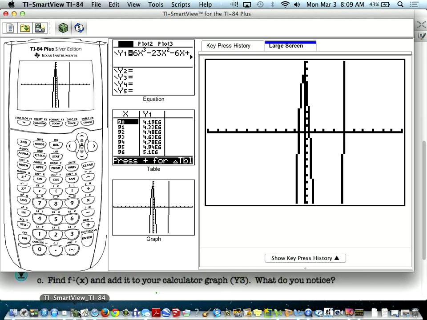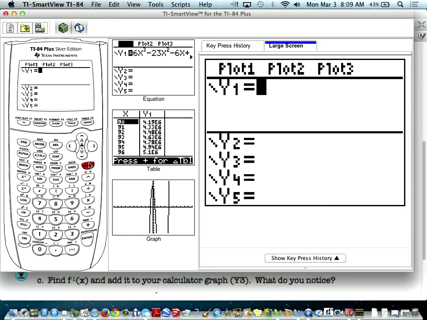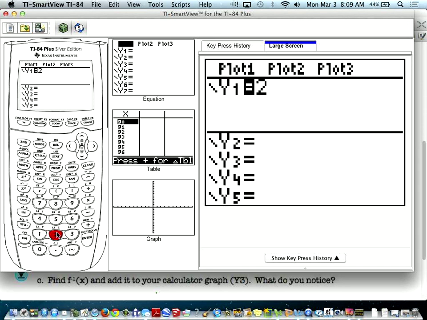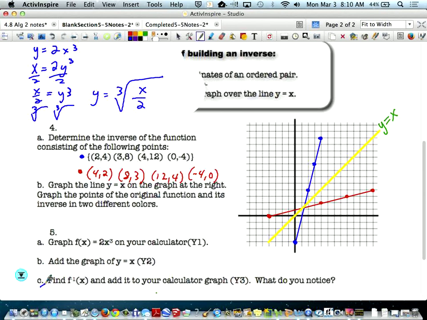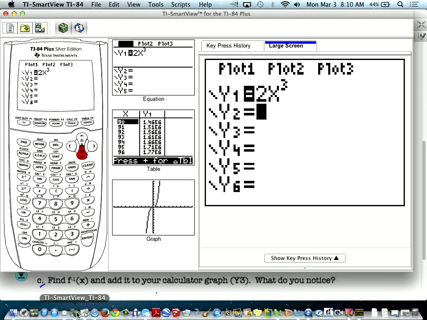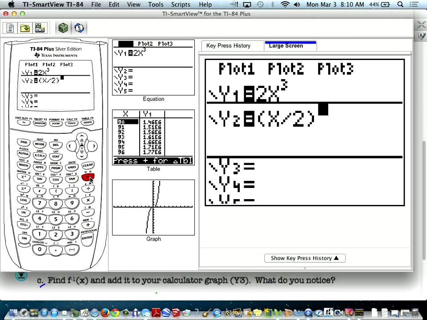So go to y equals screen, and the first one is 2x cubed. To do a cube root, the easiest way is probably to put whatever was inside the cube root, the x divided by 2, put that in parentheses, x divided by 2, and raise that to the 1 divided by 3 power.